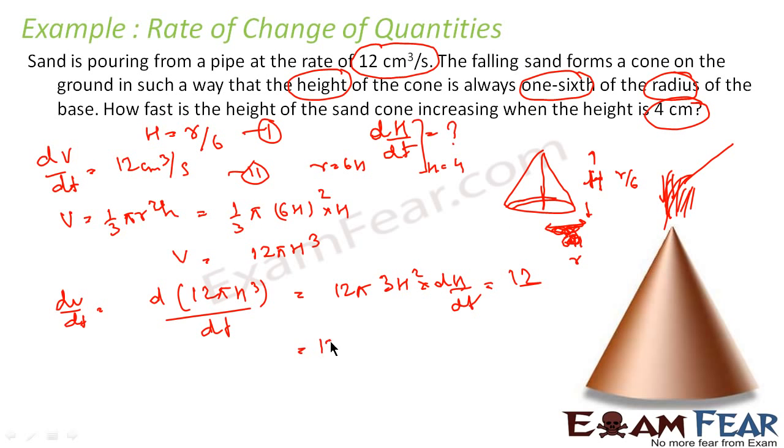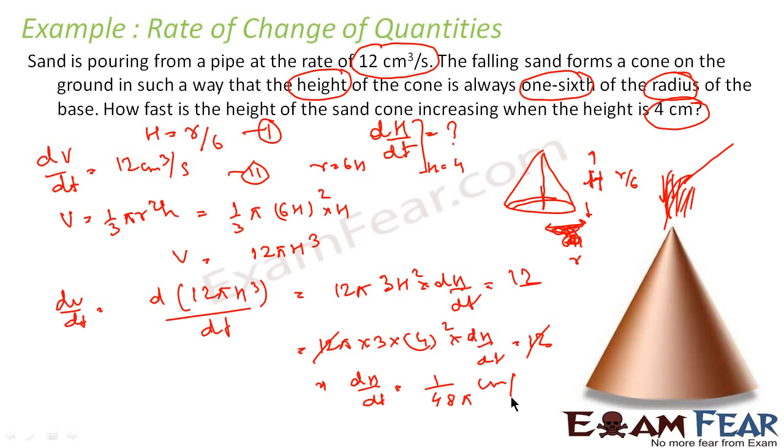So putting in the values: 12 pi into 3 into 4 square into dh by dt is equal to 12. If you solve this, the 12 cancels, and 16 into 3 is 48, so dh by dt is 1 by 48 pi.